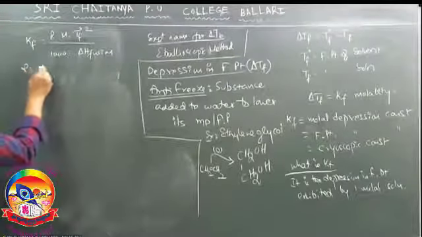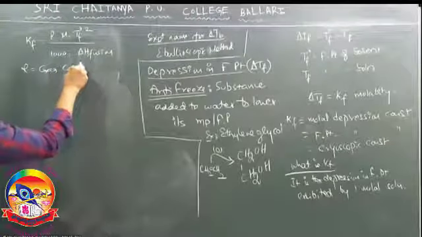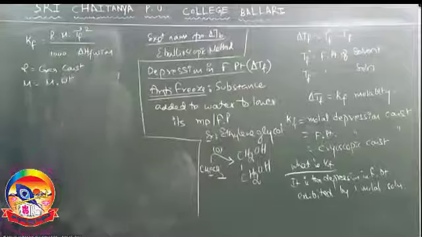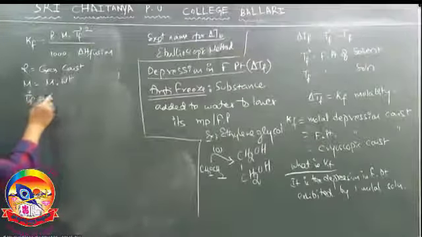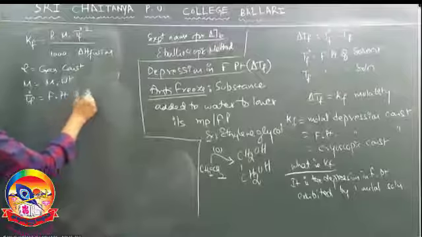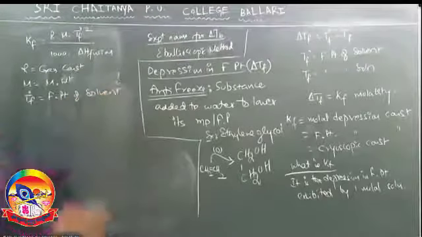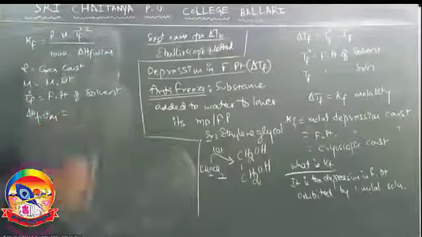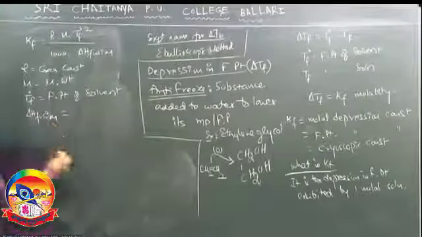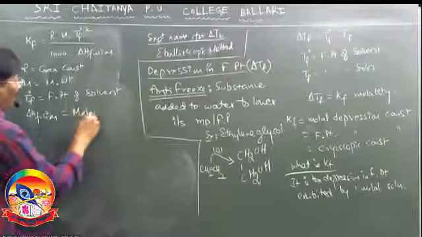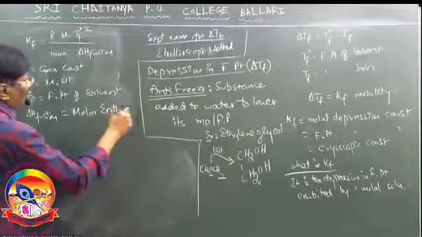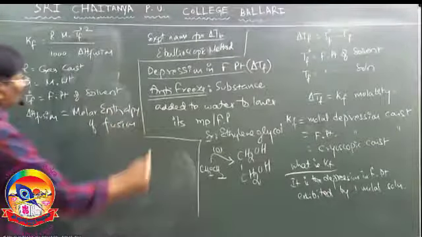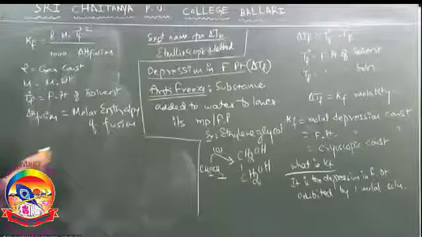R is our gas constant. M is molecular weight. T naught F is the freezing point of the solvent. Delta H fusion is the molar enthalpy of fusion.